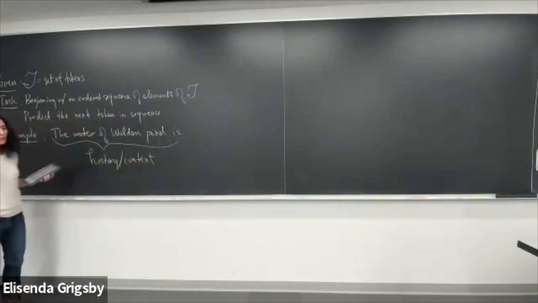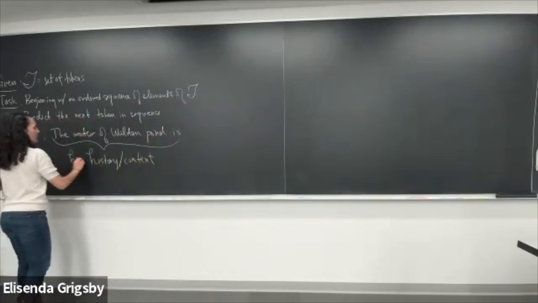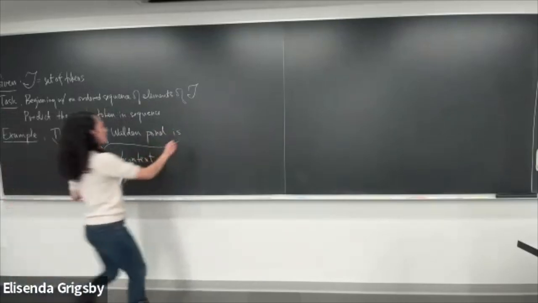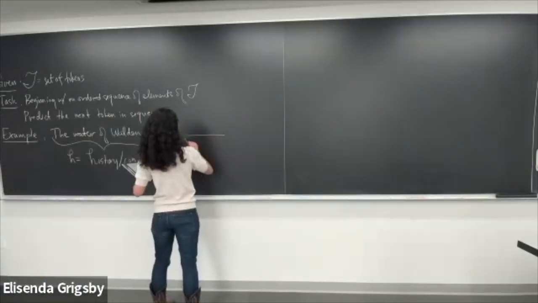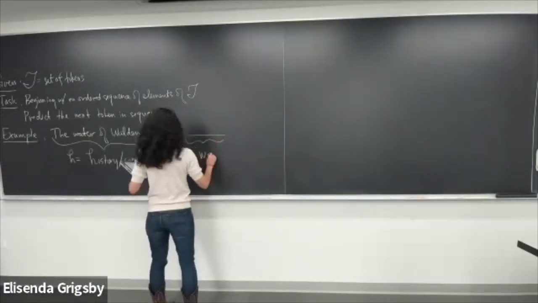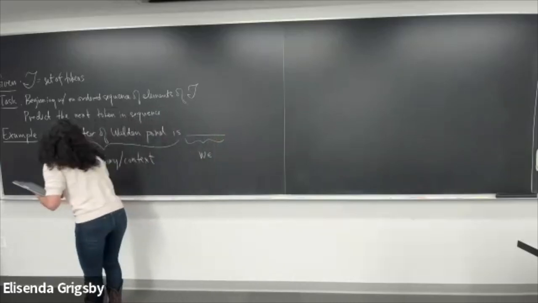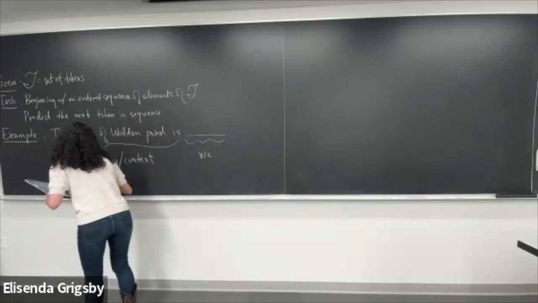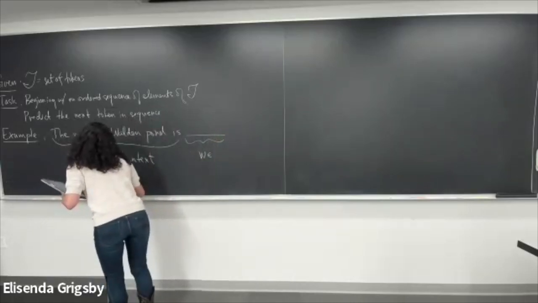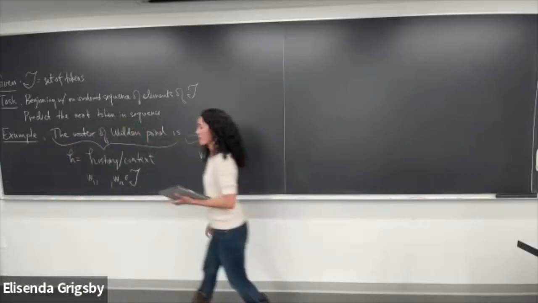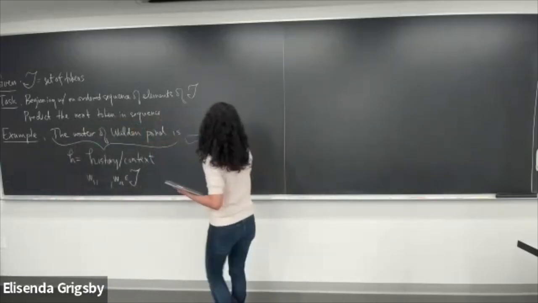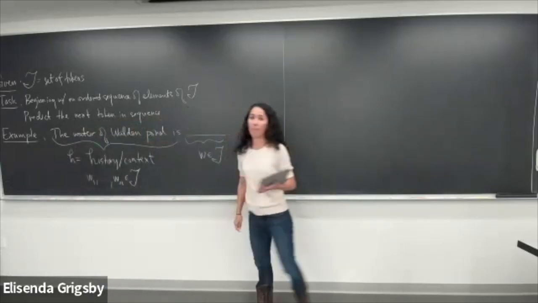And maybe I'll denote it as H. And your task is to predict the next word. And the idea is that this history is some kind of sequence of words in a set of tokens, and this is the next word, which is also in your set.